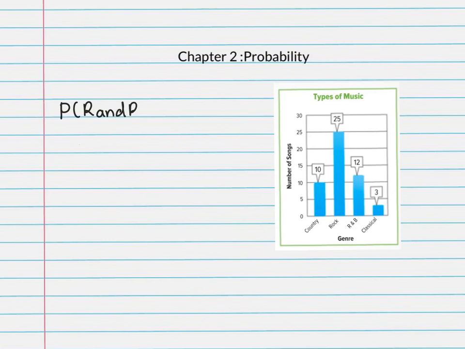Here we have different types of music, and they want us to find the probability of picking a song that is R&B music. Step number 1 is finding your total, and the total here is adding all the number of songs. So I'm going to add 10 plus 25 plus 12 plus 3 to get a total of 50 songs.